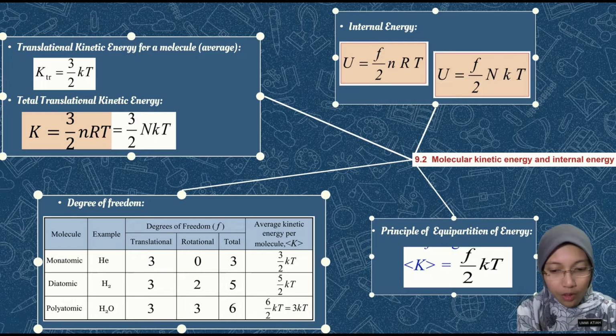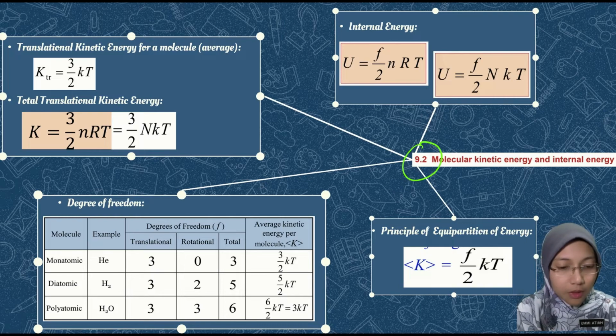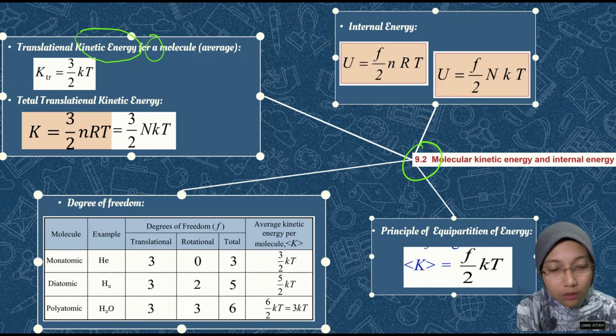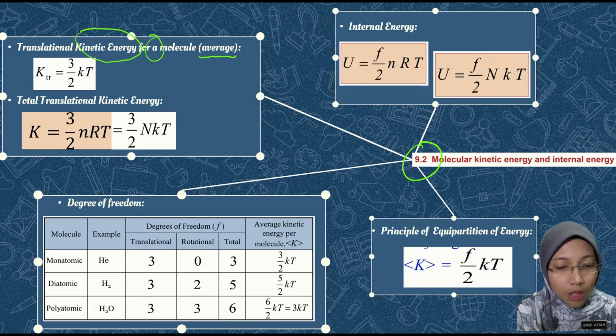Then we have 9.2, molecular kinetic energy and internal energy. For the kinetic energy, you must know the difference between the equation for the translational kinetic energy of a molecule, or average translational kinetic energy, which is 3/2 kT.